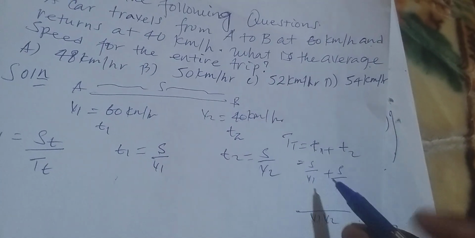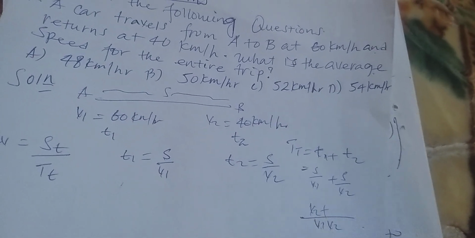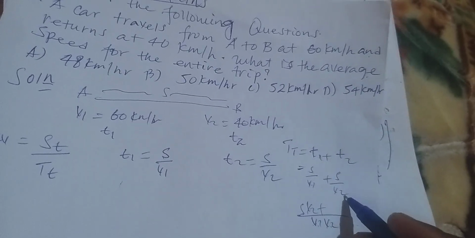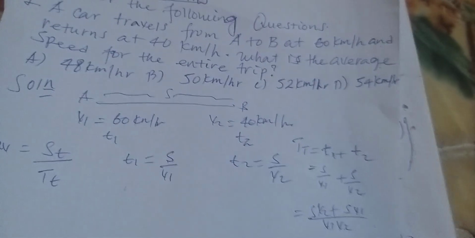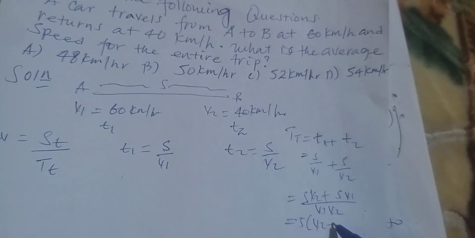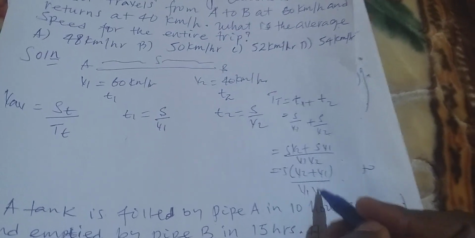V1 V2 by V1 is V2, so S V2. V1 V2 by V2 is V1, so S V1. So this is equal to S is common, (V2 plus V1) over V1 times V2. This is the total time.